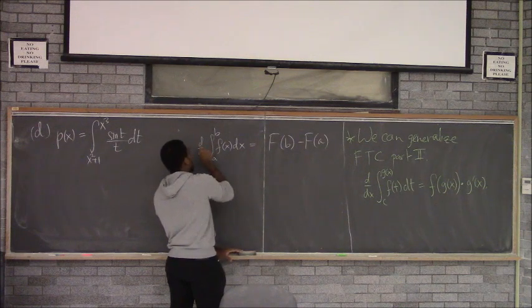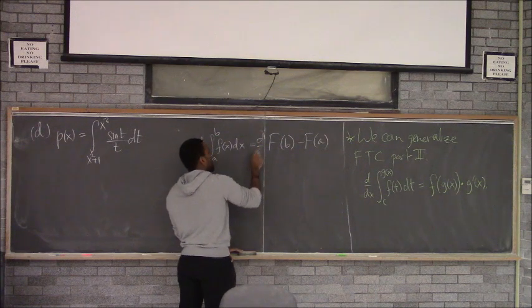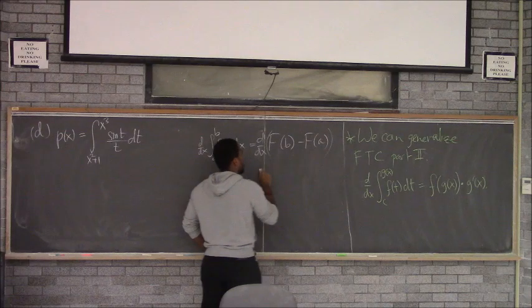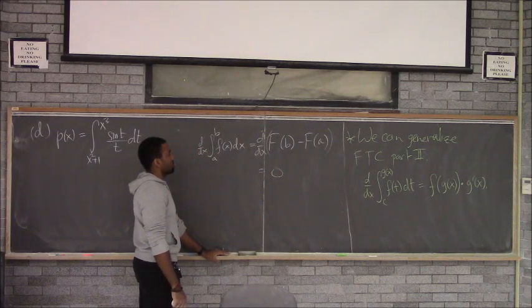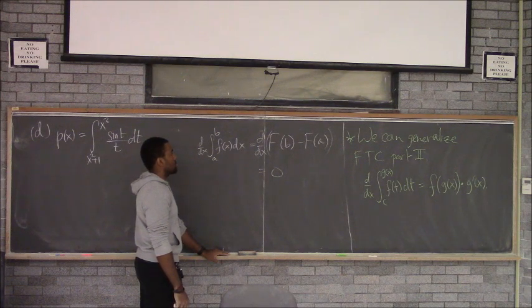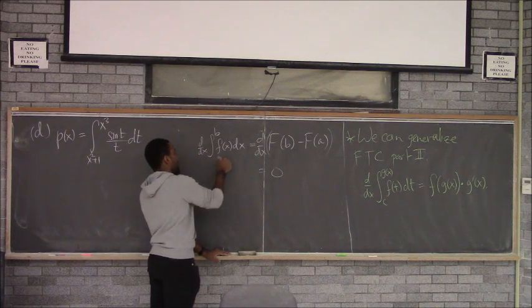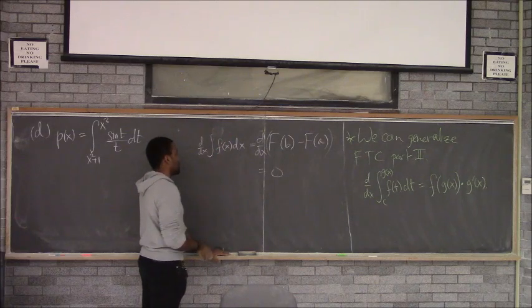Okay, but that would actually give you 0 on this side. So since A and B is not constant, so if A and B is some function, then it's not 0. So you don't want A and B then, you want some other functions here.